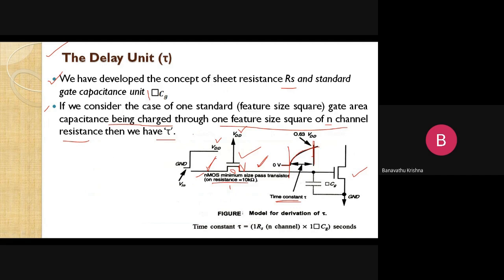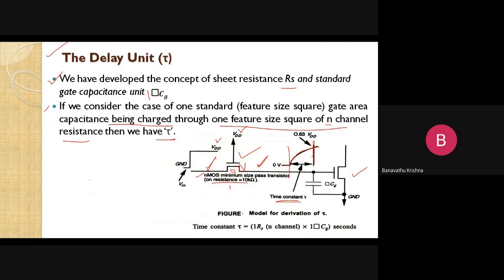Here the transistor is in resistance mode, and only then is the capacitor charged. How much time it takes to charge the capacitor is nothing but the delay unit, the time taken to reach 63% of the final value from the initial value.